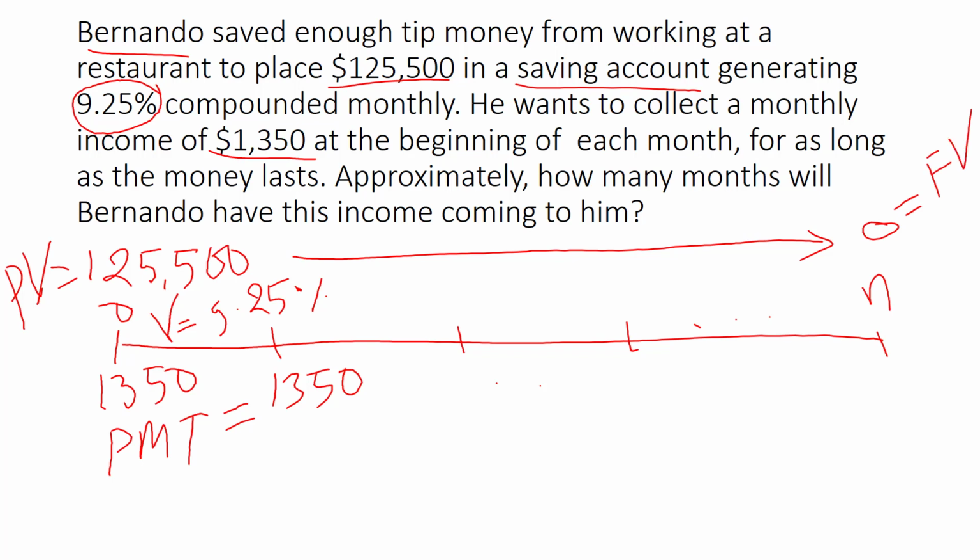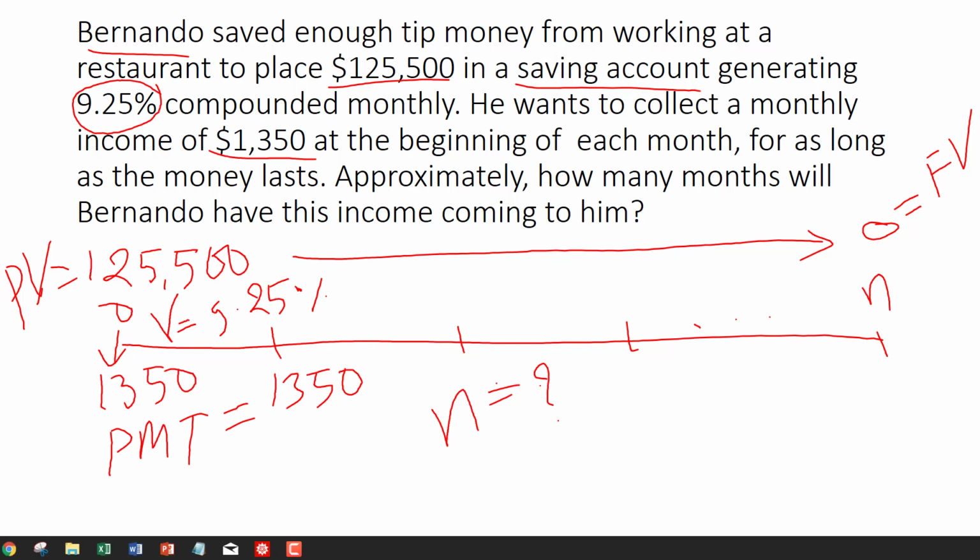So given all this information, the question is asking how long can he keep on withdrawing $1,350 each month. So that means n equals what? But I want to make this clear though. The withdrawal is coming at the beginning of each period, not at the end of each period. So how do we solve this kind of problem?